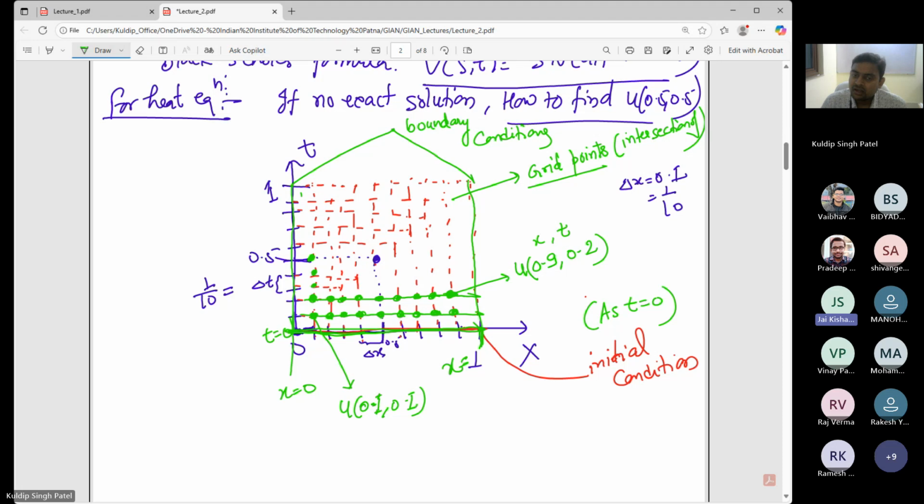There will be more grid points coming, right, sir? Yes, if you increase more and more, the grid points will increase, but that will increase your computation also. So we have to be very careful about how many grid points we should take.